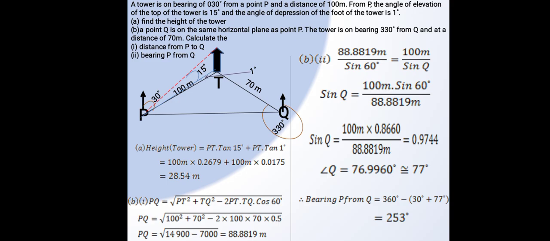We know that the bearing of T from P is 30. Now you can see there's an angle TPQ. If we get that angle, we just add it to the 30 and we get the bearing of P.